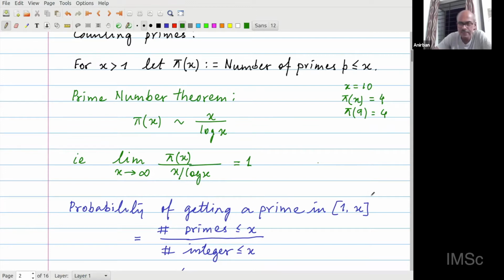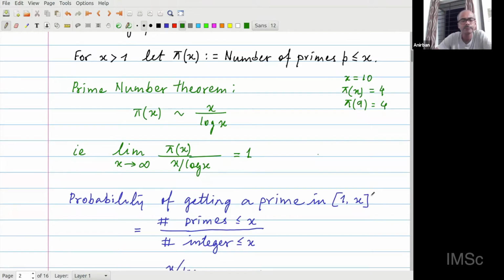Getting a prime is the event we want. Those are our favorable events, and all the integers between 1 to x are all the events. That's the total event set. So in our notation, this should be pi x by the integral part of x.